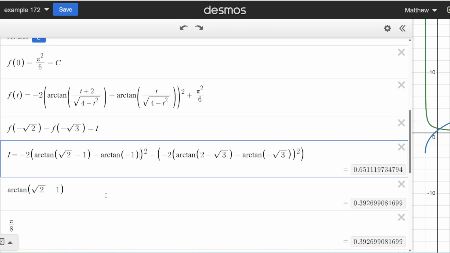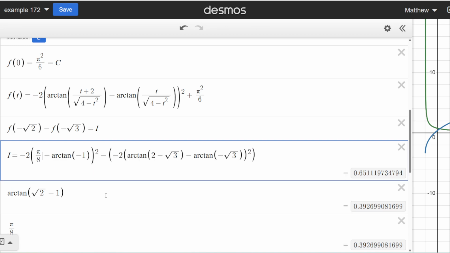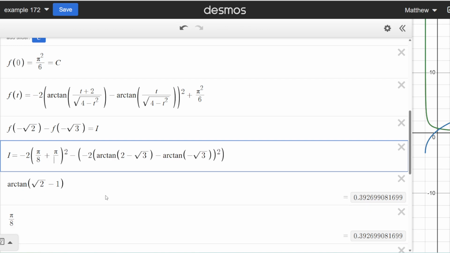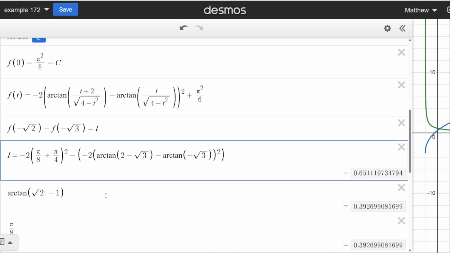Yeah, I have to replace the entire arctangent. Whoops. All right. Okay, we know what arctangent negative 1 is. That's negative pi over 4. So this is going to become a plus pi over 4. All right. So this is going to be a 4 over 16, and this is going to be a 2 over 16.